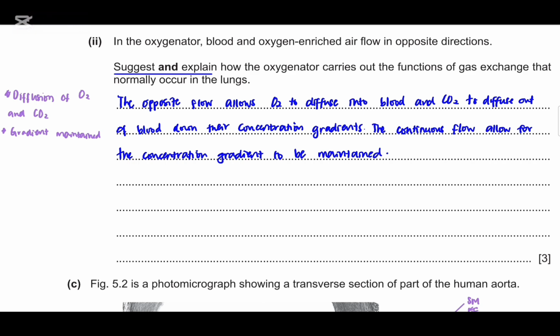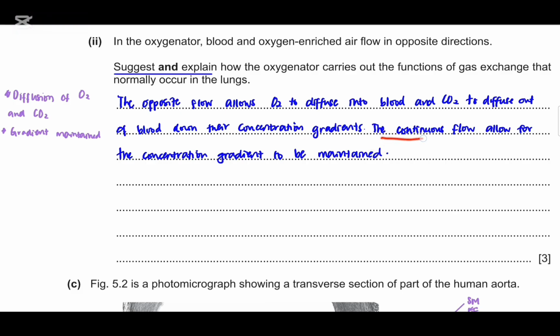So the function of this oxygen-enriched airflow moving in the opposite direction is that it allows oxygen to diffuse where? Into the blood, and carbon dioxide to diffuse out of the blood, down the concentration gradient.